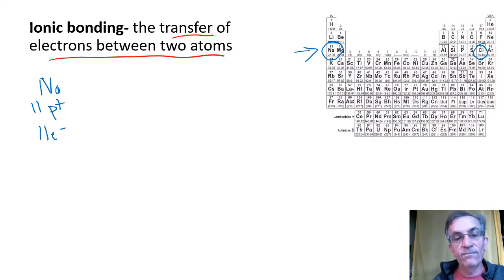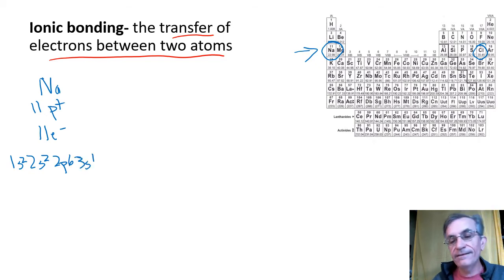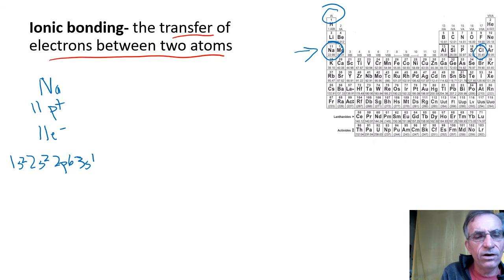Now, for sodium, to help us understand what's going on, I'm going to write out the electron configuration, the 1s2 business. 1s2, 2s2, 2p6, 3s1. That's what it would be. And one last thing: if I ask you how many valence electrons sodium has, it has 1. You can tell that by the column number, or by looking at what I just wrote out. Third shell, and in the third shell, there's 1 electron. It has 1 valence electron.